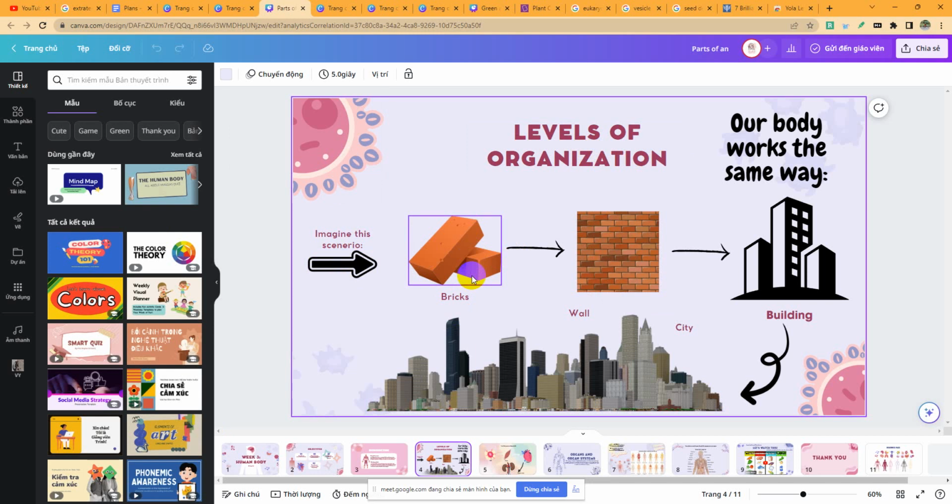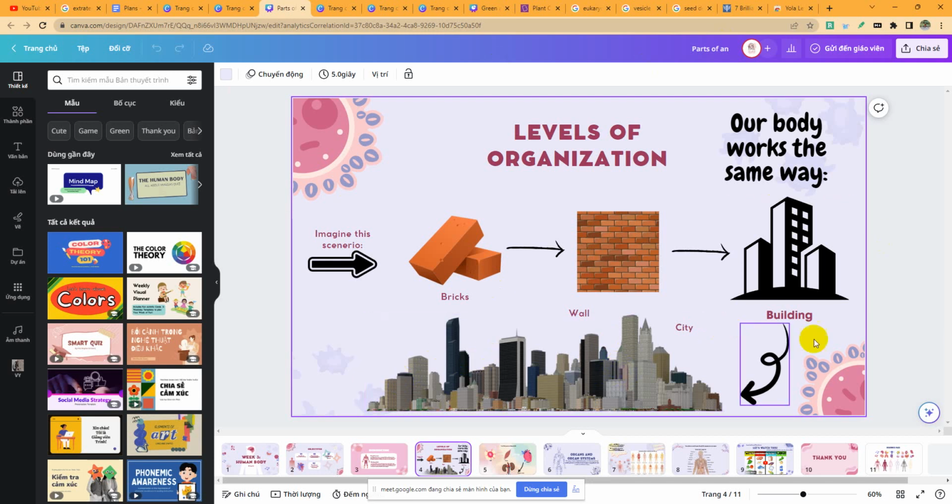Thanks to these bricks we can create a wall, which is the framework of a building, and then a building is created after multiple walls are put together, and then numerous buildings will create what? A whole city, which is overcrowded with multiple skyscrapers and buildings of different types.